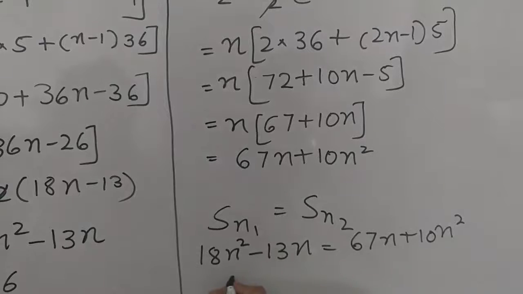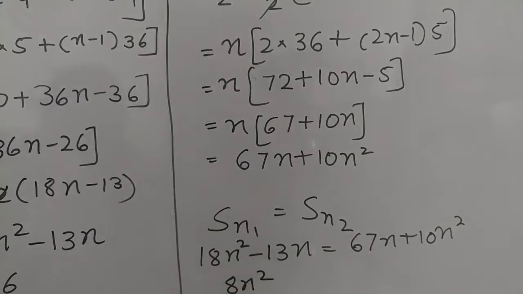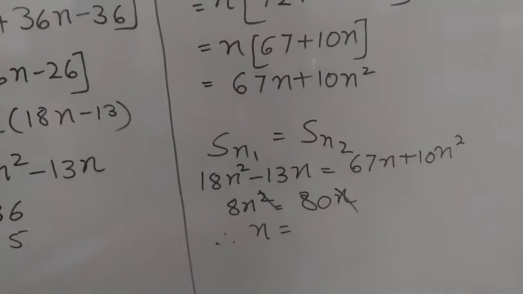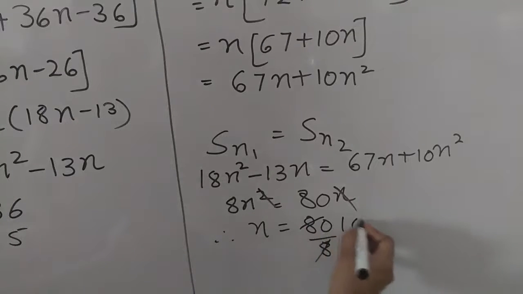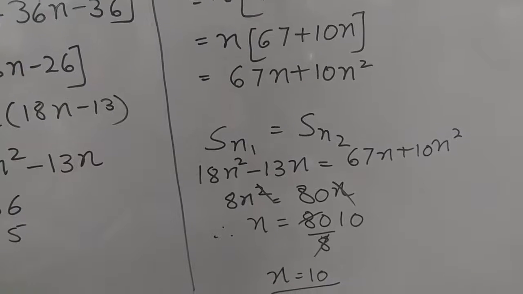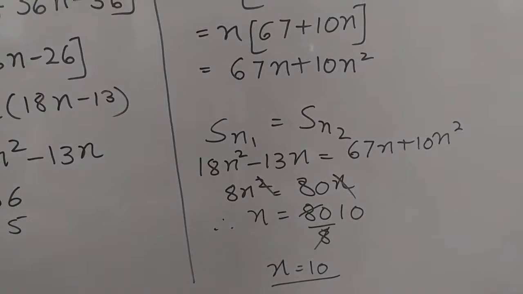Then we take all the like terms together: 18n square minus 10n square, so 8n square, is equal to 67n plus 13n, so it will become 80n. So here one n also gets cancelled. So only n is left on the left hand side, and we get 80 divided by 8. And what is the n value we found here? That is 10. According to the question, they asked to find the n value, which is found here. n is equal to 10.